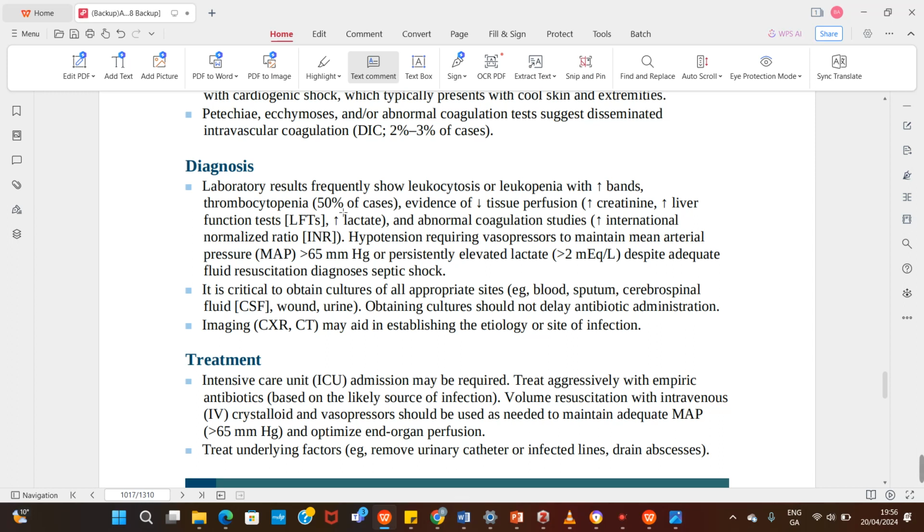And don't forget, you don't wait. You take your culture and you immediately give antibiotics empirically, broad spectrum, right? Till your culture result is out. Sometimes you might need further imaging, like somebody with a chest infection, pneumonia. Now you might need to do your CT or chest X-ray to establish the focus of the infection.